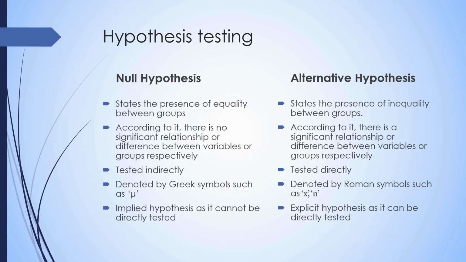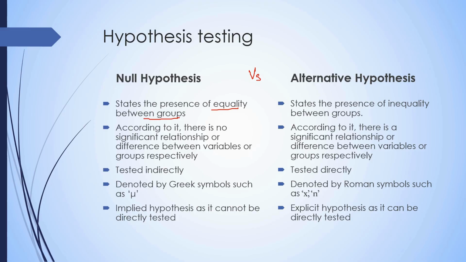Now that we have seen what null hypothesis and what alternative hypothesis is, let's differentiate between those. This is also an important question that comes in the exam, to differentiate between null hypothesis and alternative hypothesis. So the first point states the presence of equality between groups. Null hypothesis says there is a presence of equality between the groups, which means there is no difference between two groups, both are equal.